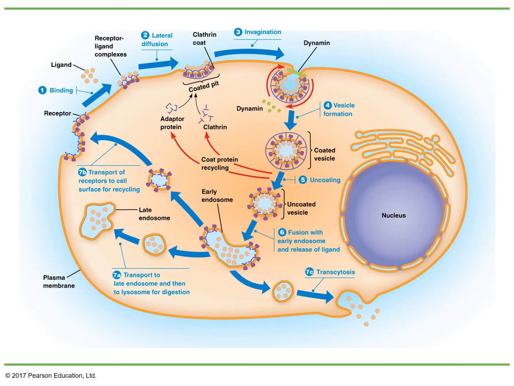Receptor-mediated endocytosis is illustrated in this figure. The process begins with the binding of specific molecules, which we refer to as ligands, to their receptors, specific ligand-binding proteins found on the outer surface of the plasma membrane, as seen in step 1.